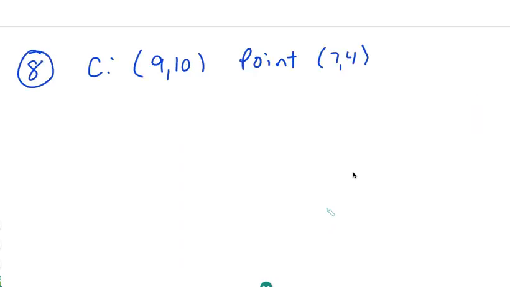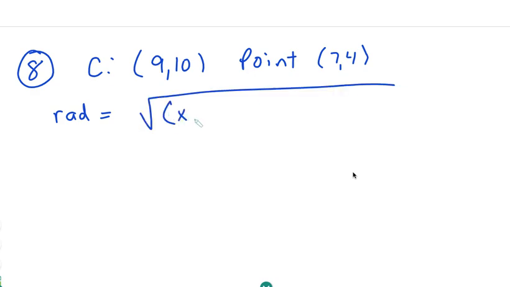Now you're going to notice on number 8 that they give me the center, but they don't give me the radius. They give me another point on the circle. So we're going to need to find the radius. Well, if we're looking for the distance, the radius is going to equal the square root of (x2 - x1)^2 + (y2 - y1)^2, our distance formula.